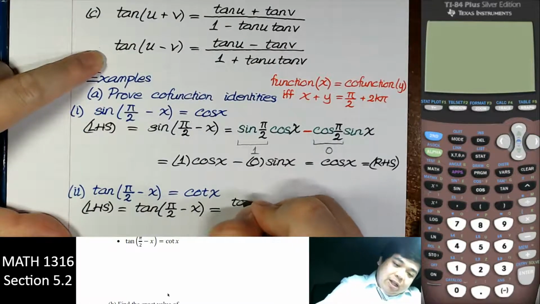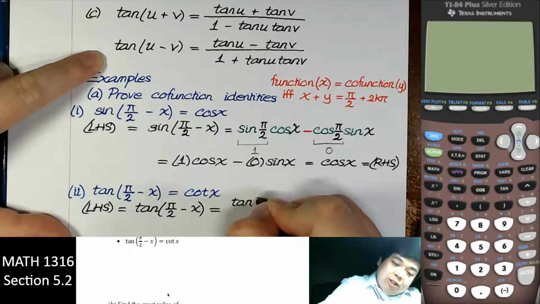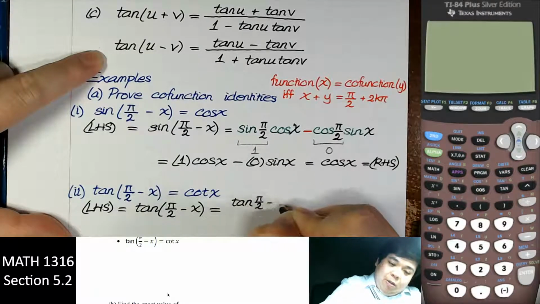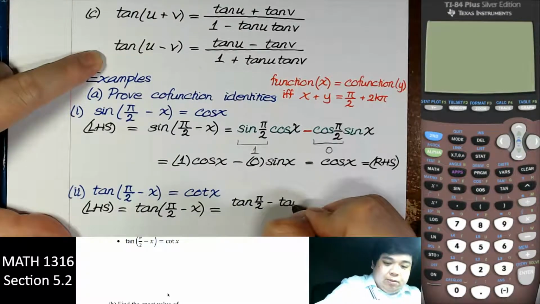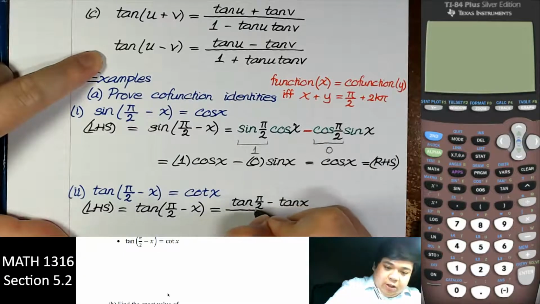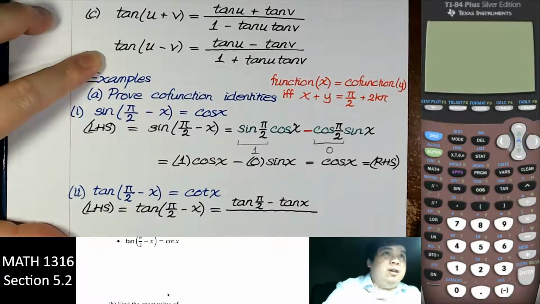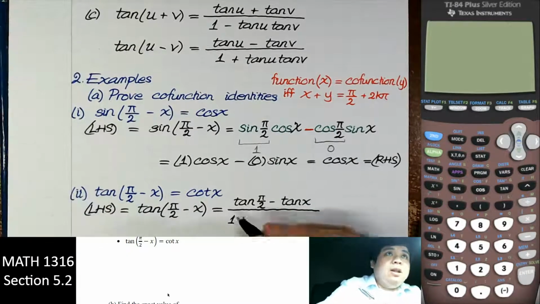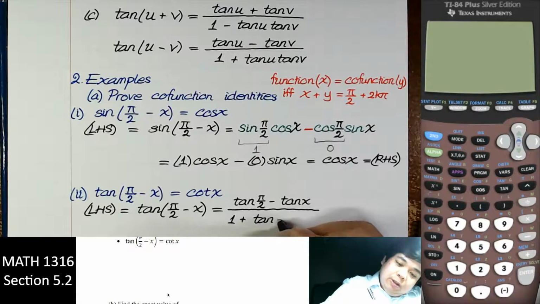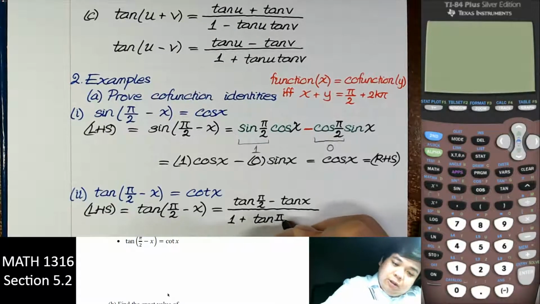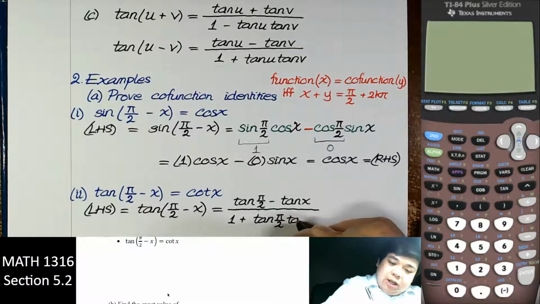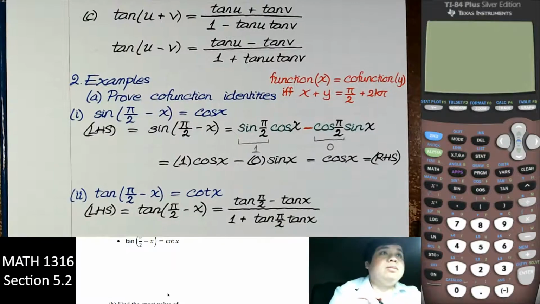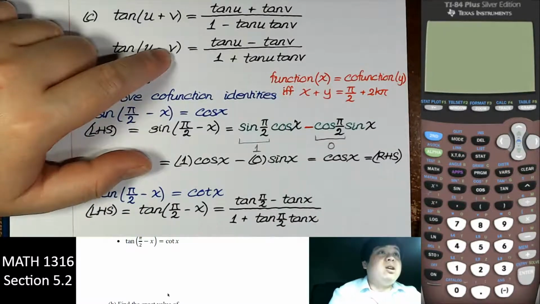It's going to be tangent of pi over 2 minus tangent of x over 1 plus tangent of pi over 2 and tangent of x. I'm just applying that formula.